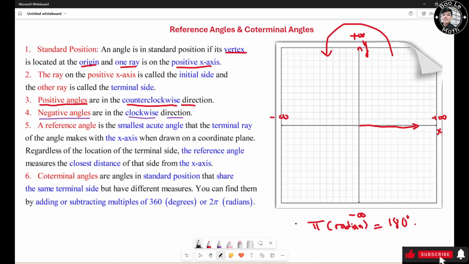If the terminal ray and the positive x-axis overlap after one cycle, then the angle is 2 pi or 360 degrees.